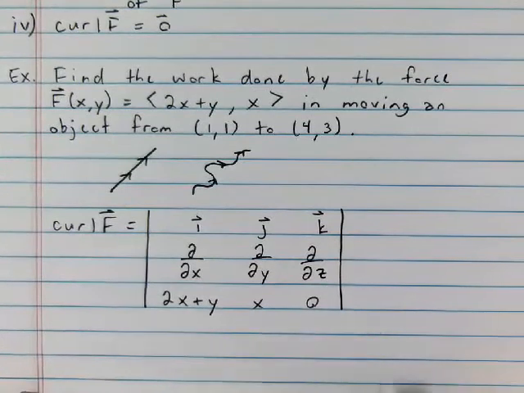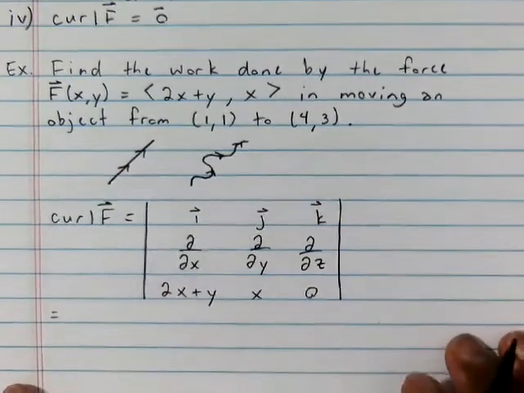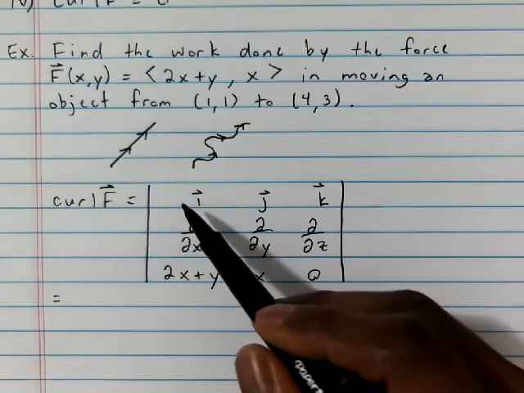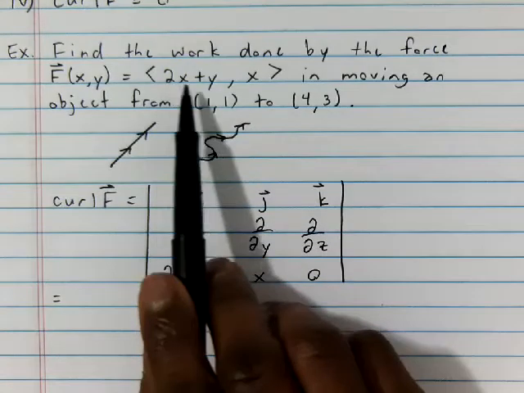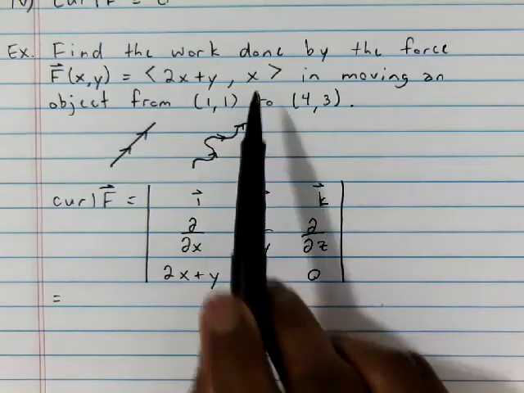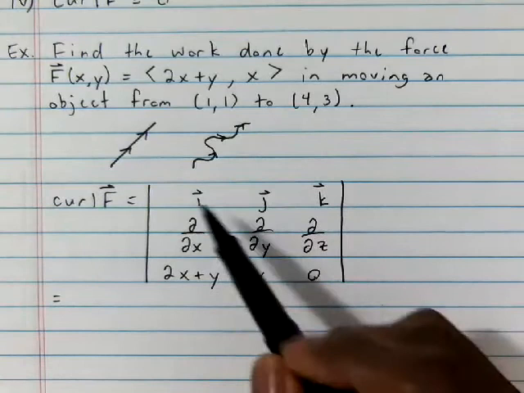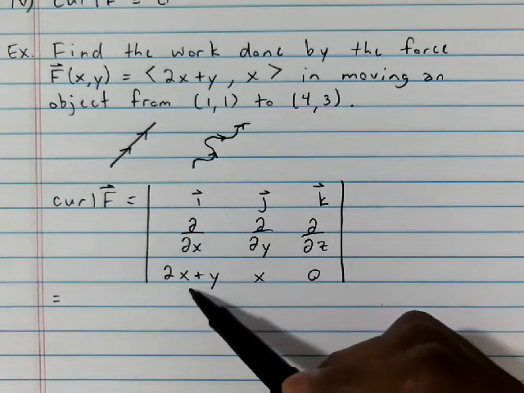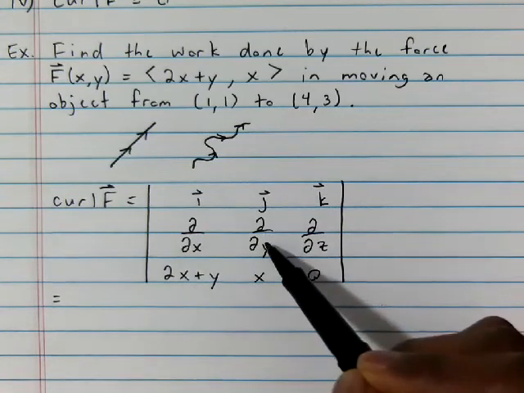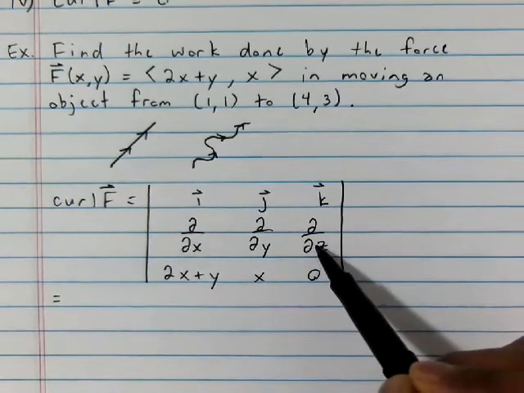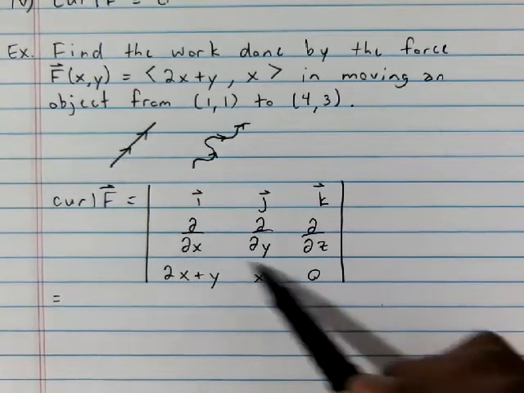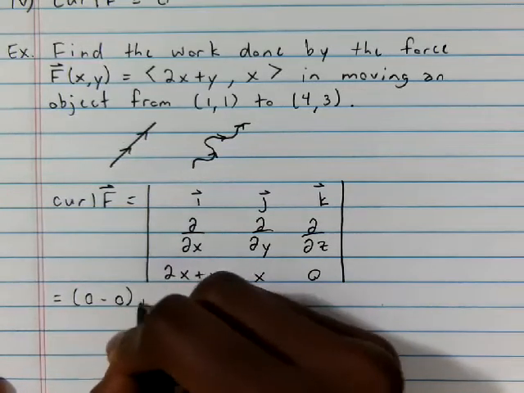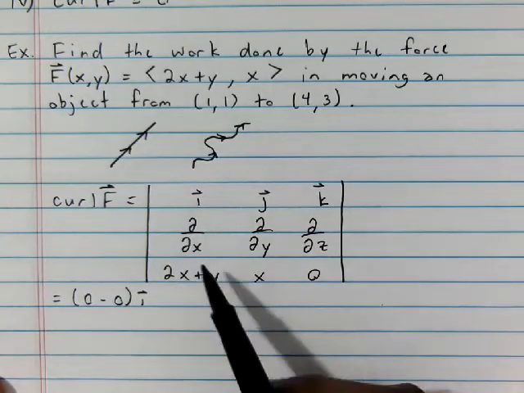All right, this is equal to, so notice, I think we've done one of these before, when you have a vector field in 2 dimensions, then when you look at the i component, you're going to end up with a partial with respect to y of 0 minus a partial with respect to z of something that has no z's in it. So you're going to end up with 0 minus 0. That will always be the case when you're looking at a 2-dimensional vector.